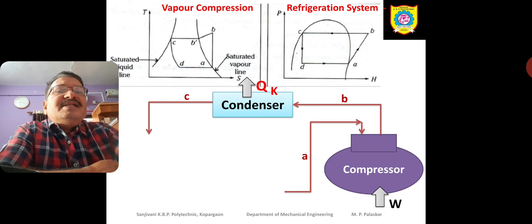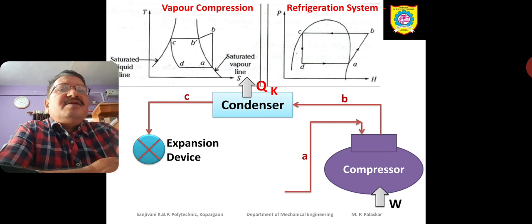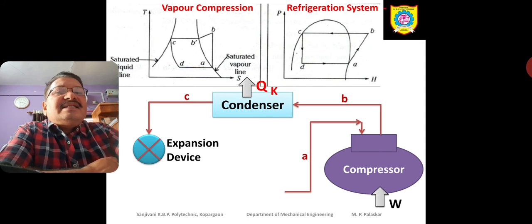After condensation, the next process is CD, which means expansion, which takes place in the expansion device. CD is the expansion process. It is also called throttling, because it is isenthalpic expansion, meaning there is no transfer of energy during this expansion process.